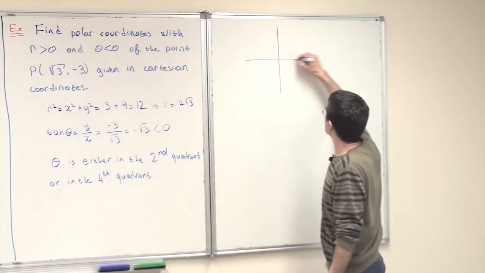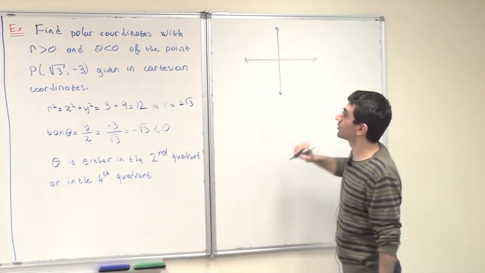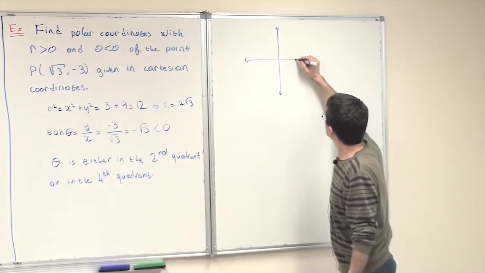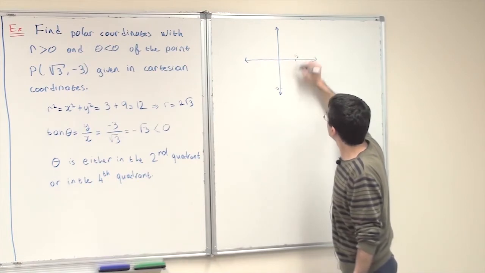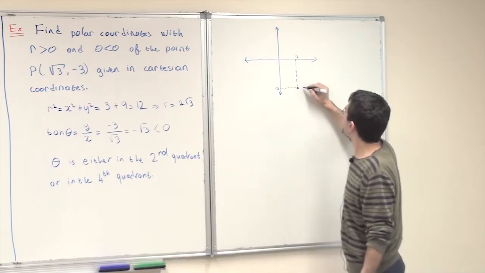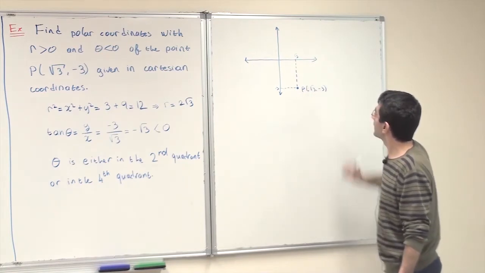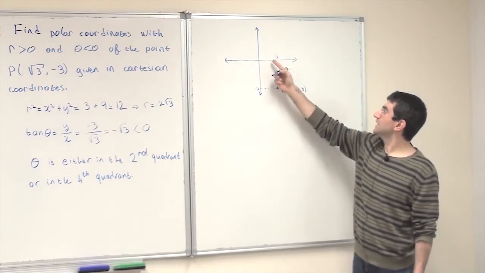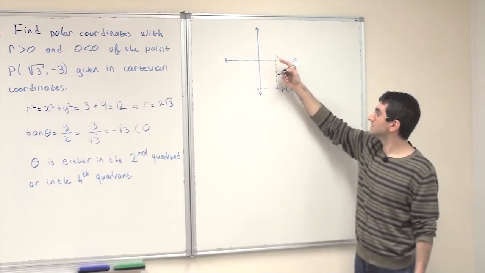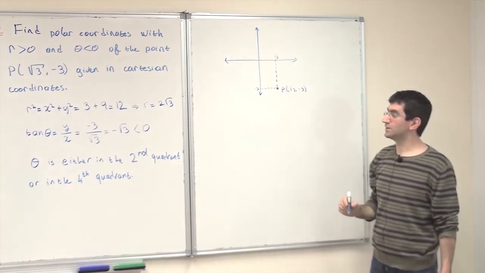So here we sketch Cartesian coordinate system. We locate our point, square root of 3, negative 3. That's where our point is. And to be able to reach that point by rotating, starting at positive side of the x-axis, we observe that we need to make a rotation of an angle in the fourth quadrant.